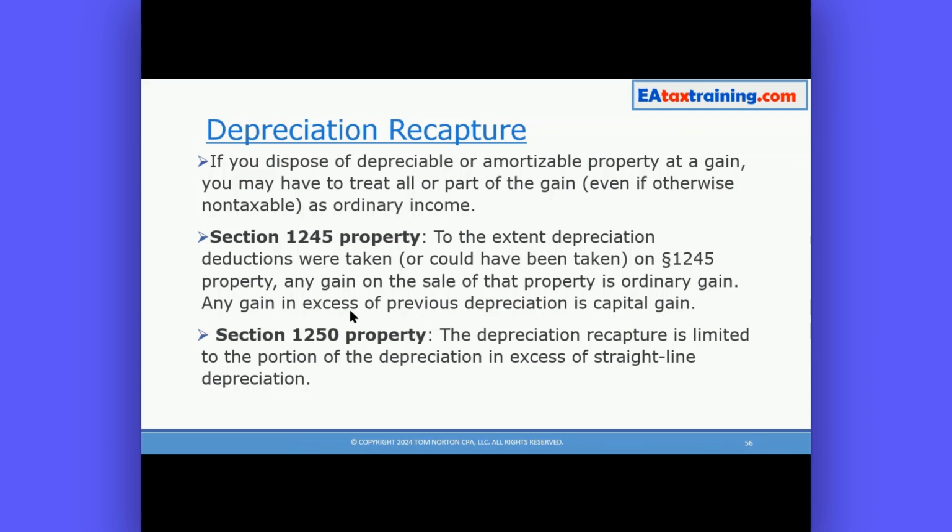So if the amount of your gain is greater than the amount of depreciation that you've already taken, then some of your gain is going to be ordinary and some of it is going to be capital. For Section 1250 property, it's a little bit different. The depreciation recapture is limited to the portion of the depreciation in excess of straight line depreciation.